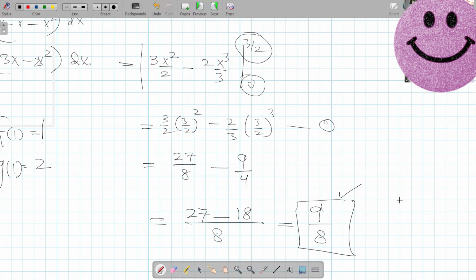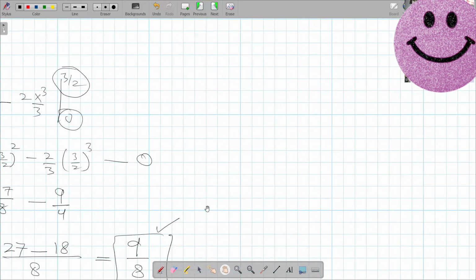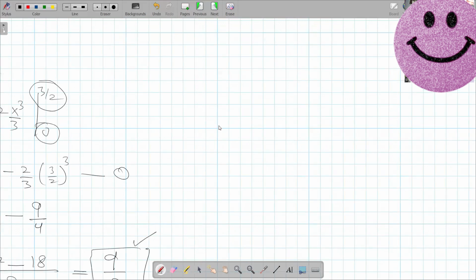And then, if you had to sketch 3x minus x squared for marks, how would you draw it? You will make a table of values of x.